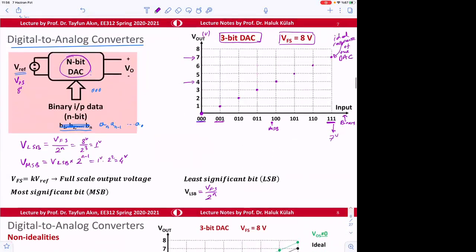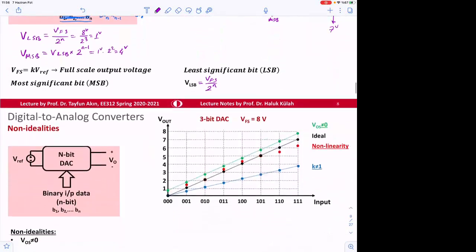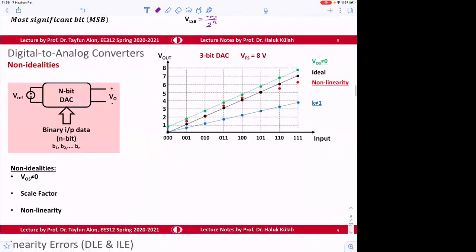Of course, ideally, it is not representing our signal nicely. The outputs are going to be ideally like this, right? Let's say 100 needs to be giving us 4 volts.